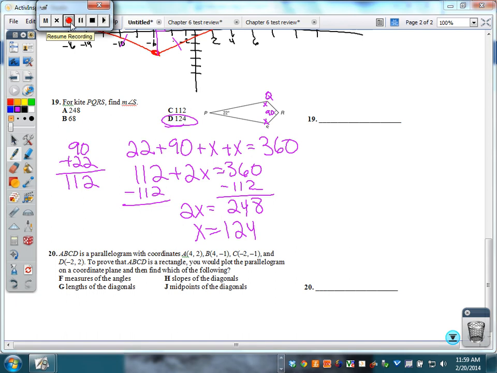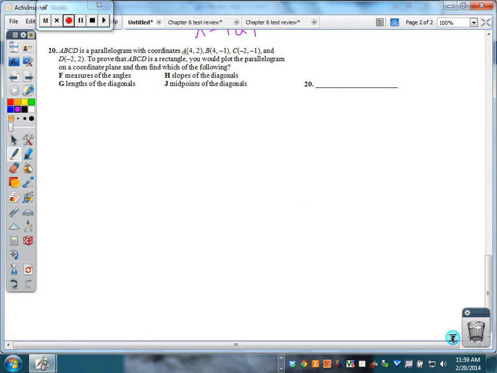All right, number 20. We have ABCD is a parallelogram with the points again here. To prove that ABCD is a rectangle, you would plot the parallelogram on a coordinate plane and then find which of the following. So if I was going to plot these, we have 1, 2, 3, 4, 1, 2.